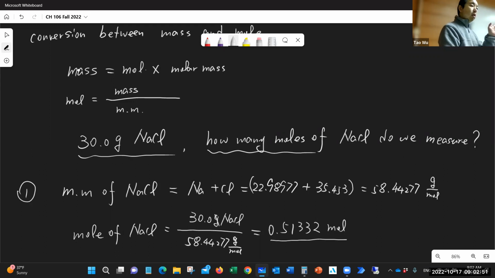Do you know how many sig figs for this question? 3. Why? This question only gives you one number, 30.0 grams, and 30.0 has 3 sig figs. You may say we have another number here, the molar mass.